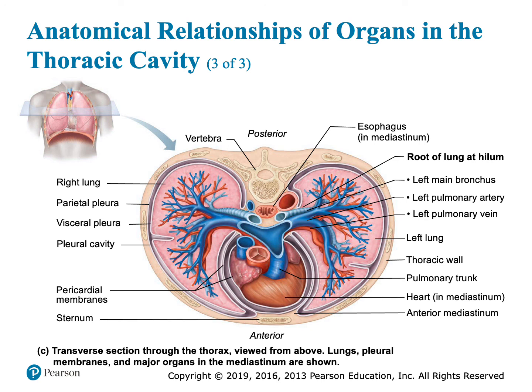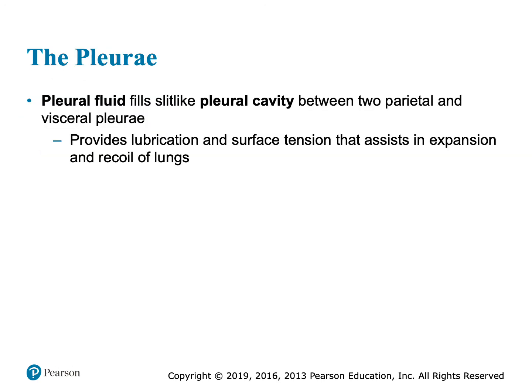Beautiful picture again, transverse cut. So pleural fluid is minimal. It's there to reduce friction. It's there between the two pleura, but they actually help those lungs expand because they're attracted to each other.